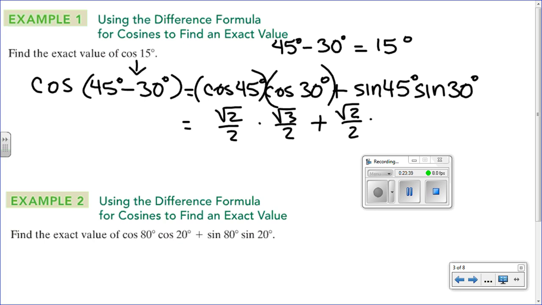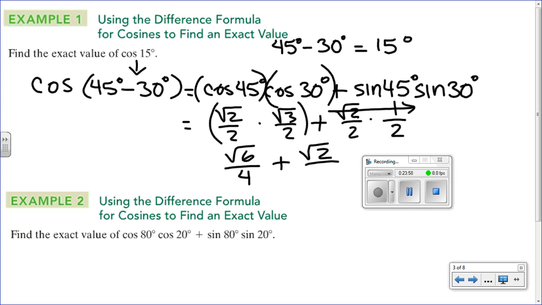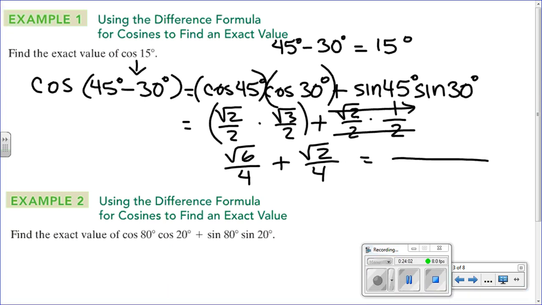And Yvette, tell me my favorite sine of 30. Very good. So then if we multiply, there's two fractions here, straight across, so square root of 6/4 plus, right here, square root of 2 times 2 is 4. And if you put them under one fraction, it will just be square root of 6 plus the square root of 2, over 4. So yes, you can tell the exact value of the cosine of 15.